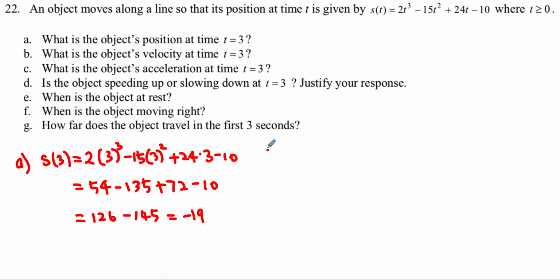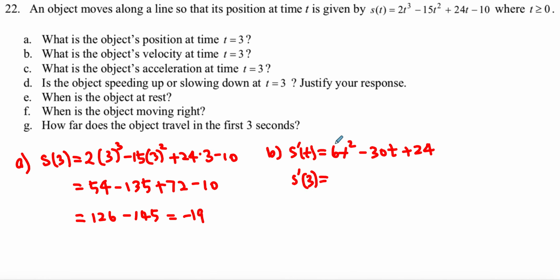But how about b? They are looking for the velocity. So velocity, that means I have to take the derivative. So s prime of t is equal to 6t squared minus 30t plus 24. That's basically what we end up getting. Then s prime of 3, that's the velocity here.